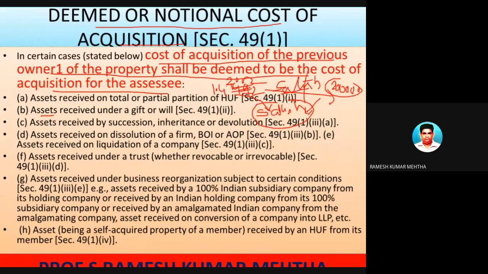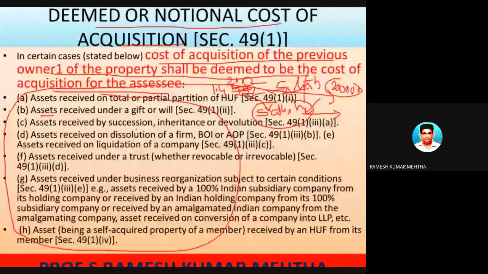Has Sakshi acquired it, has she purchased it? No, she has not purchased it, but her mother had purchased it. So whatever is the cost incurred by the mother to purchase this particular asset will be the cost of acquisition in the hands of Sakshi. Sakshi's purchase value will be the same as that of what mother has purchased. So these all are the cases where whatever is the cost to the previous owner will be considered in the hands of the assessee.